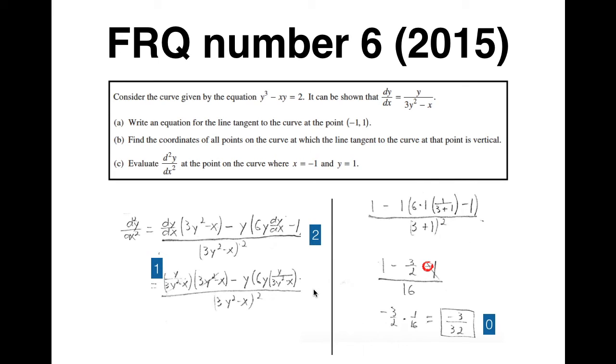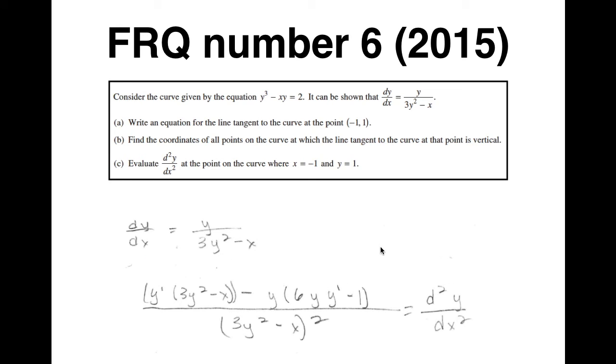So a good job overall from that student. 2 points for finding the derivative, 1 point for making a substitution for dy dx, and then just a small mistake that is quite costly in the end. Student C finds d squared y dx squared, so uses the quotient rule well and gets 2 points for that. Unfortunately, the student doesn't substitute 1 over 4 and doesn't go to the end of the question.